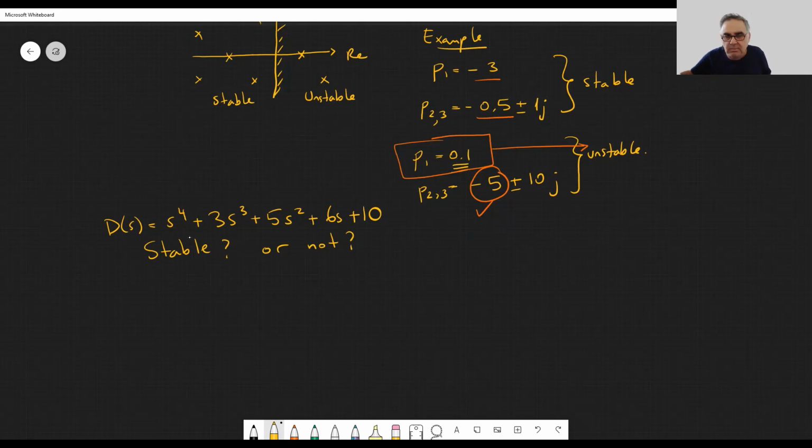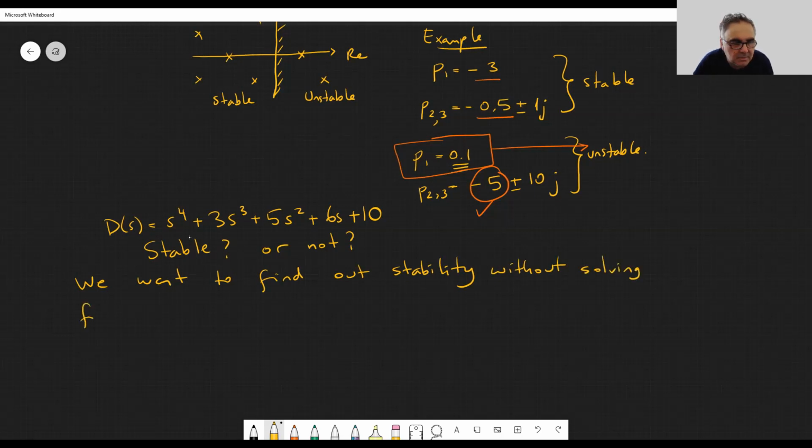So we want to find out stability without solving for the roots of D of S.